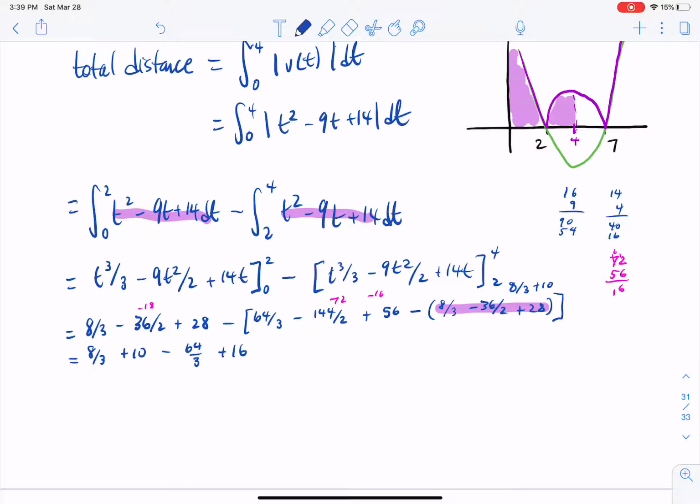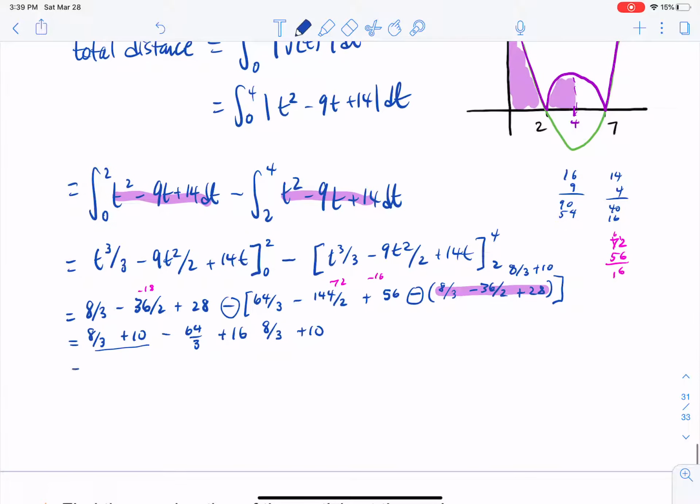And then if I take this negative, multiply it times this negative, it makes it positive, and I have the same numbers that I have out here. They just double up, 8/3 plus 10. Okay, so now I'm going to combine all of the integer parts and all of the fraction parts next. So the 10 and the 10, that's 20, plus the 16 is 36 so far.